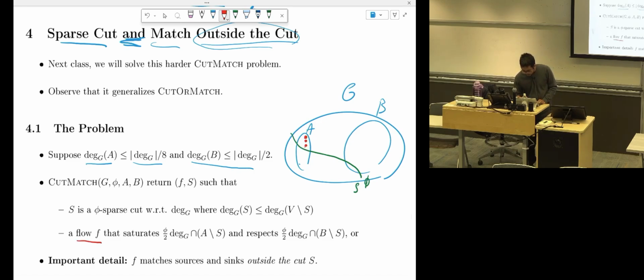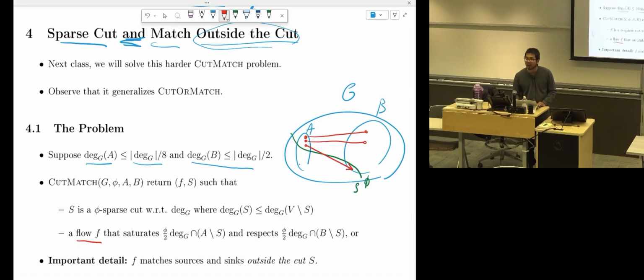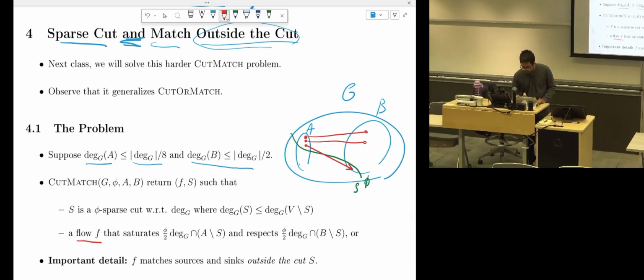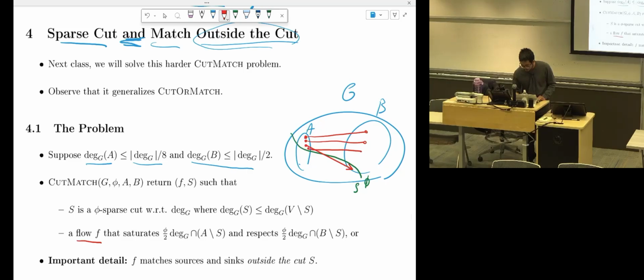And everything that is outside the cut needs to be meshed to B. But this is not allowed. Like, I cannot mesh to this guy, for example. I only want to mesh to this. This is not just B, it's B minus S.